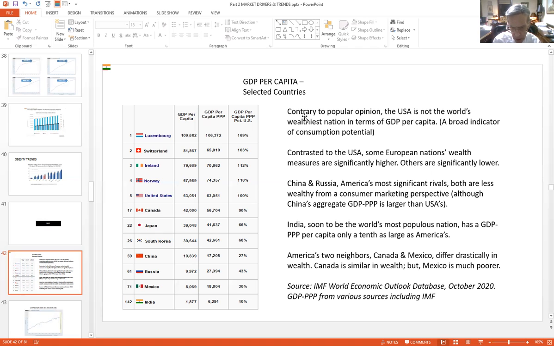Now, the GDP per capita of China is rising. Today, on the average, it's only 27% of the U.S.